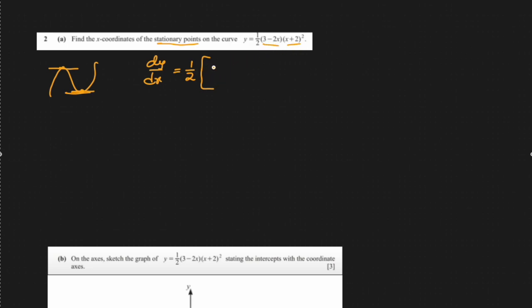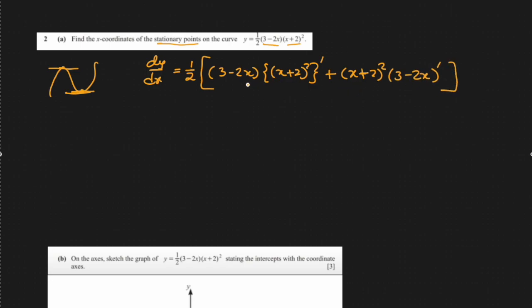According to the product rule, I will not touch the first one. So 3 minus 2x, I'll keep as it is, but I will differentiate (x plus 2) squared. Plus, I will not touch the second factor, but I will differentiate the first factor.